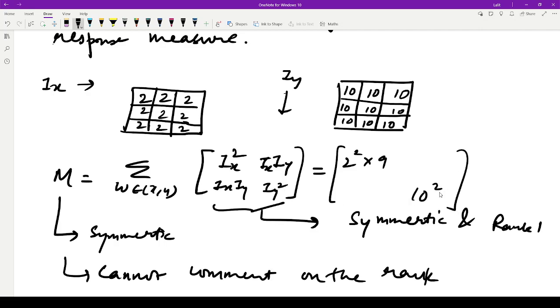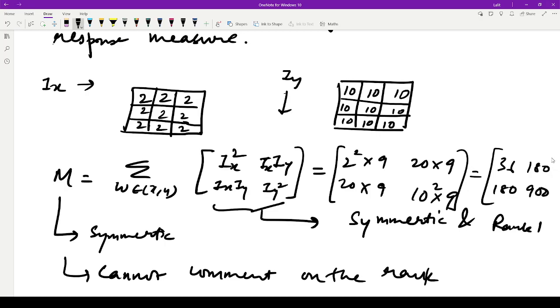Here it's 10 square into 9 because there are 9 elements out there. Here it's 20 into 9. So all this should be 36, 180, 180, 900, which is fine. So this is the matrix M.